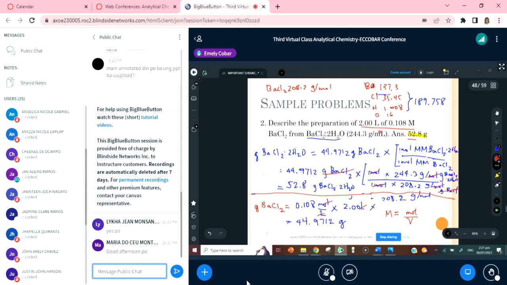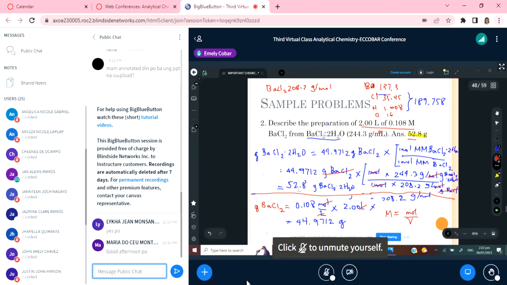So therefore, this chemical factor times 44.9712. Cancel yung gram barium chloride. So may iwan ka ng unit na gram barium chloride dihydrate. Tingnan nyo class. Pag gumamit ka ng barium chloride dihydrate, ang kakailanganin mo, ang dapat mong i-weigh, okay, is 52.8 grams.